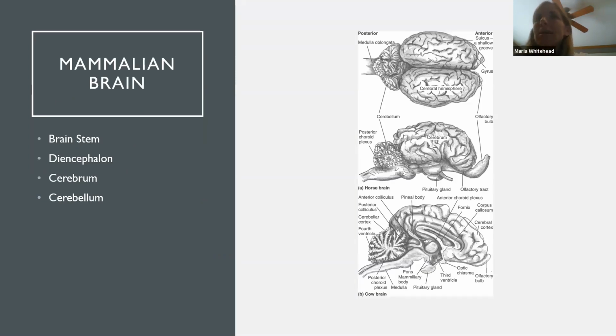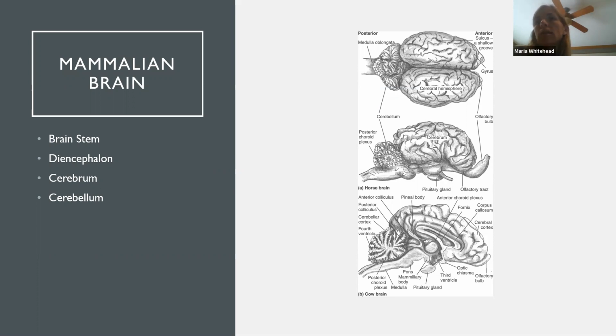Nervous system in mammals. The proportion of the brain to the body size is usually greater in mammals than any other vertebrate. There are 4 major regions of the adult brain: the brainstem, the diencephalon, the cerebrum, and the cerebellum, and then spaces in the brain that are filled with cerebral fluid.